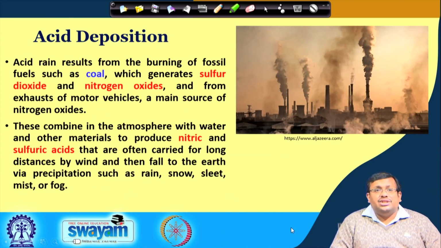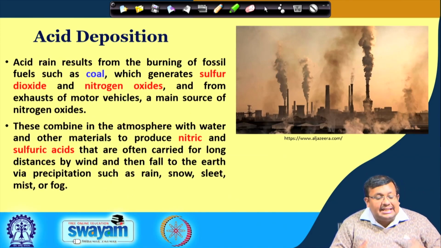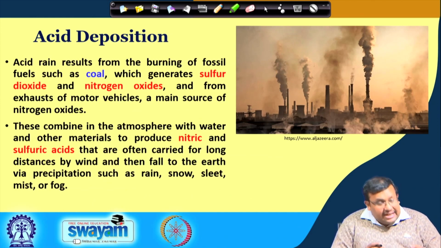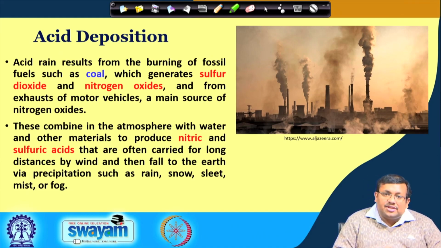Now, acid deposition or acid rain basically results from the burning of fossil fuels such as coal, which generate sulfur dioxide as well as nitrogen oxides, and from the exhaust of motor vehicles, which is a major source of nitrogen oxide.